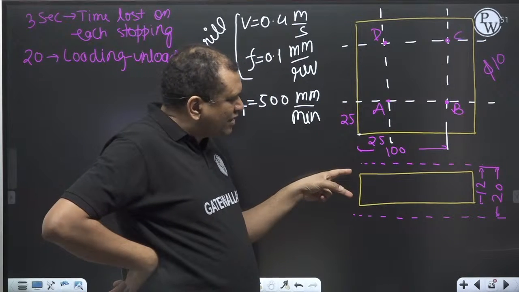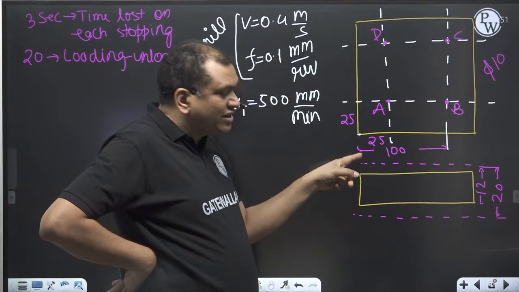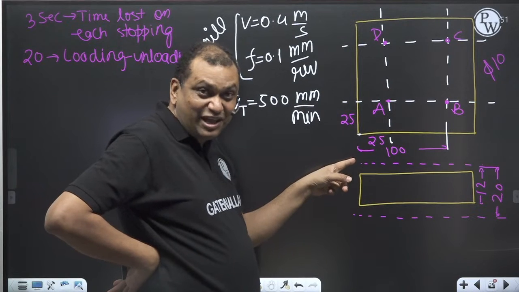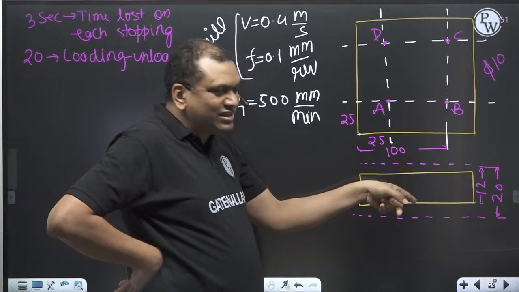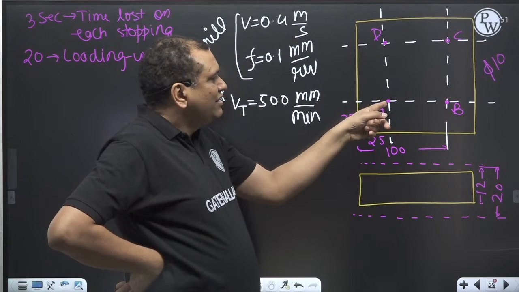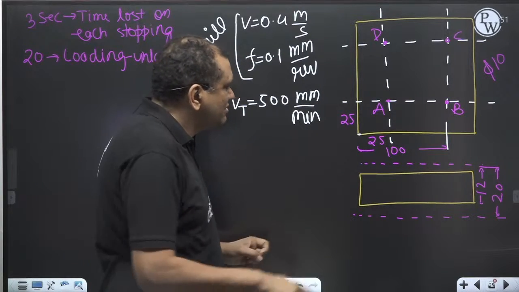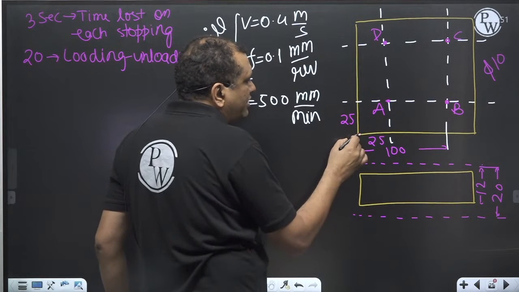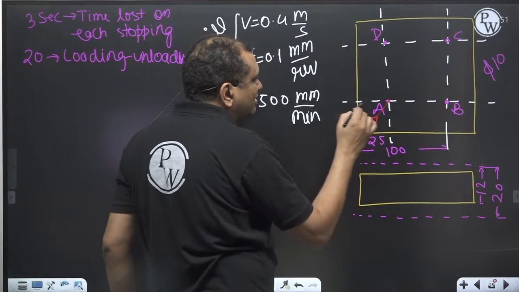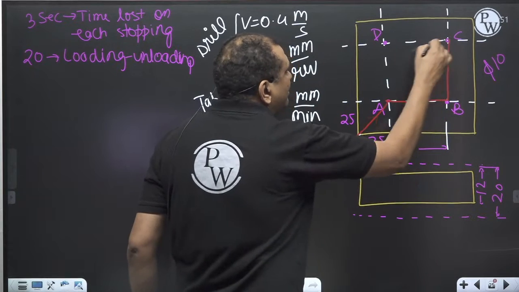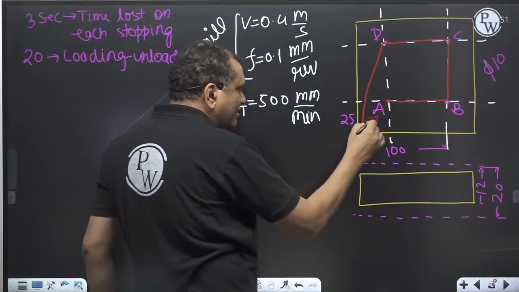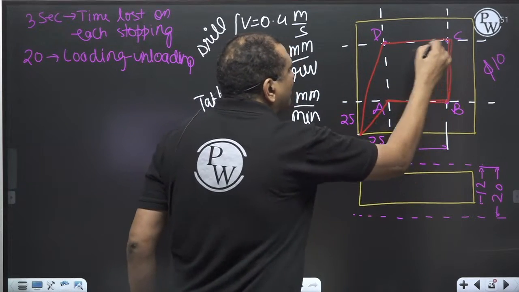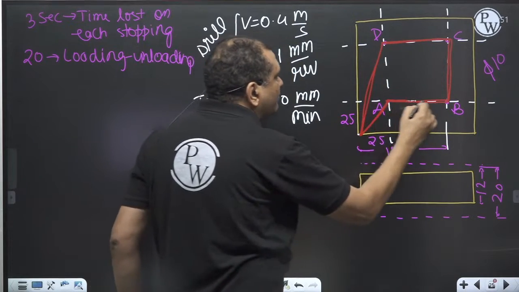The thickness is 12 mm, but I am moving 20 mm, so that the hole is through and through. Now there are 4 holes. So from origin, initially the tool goes here, then here, then here, then here. This is the path followed by our drill.